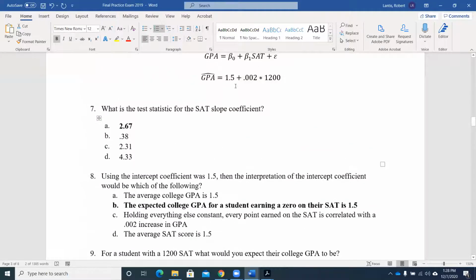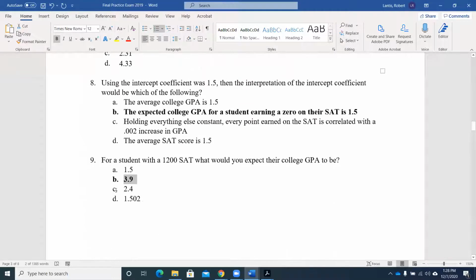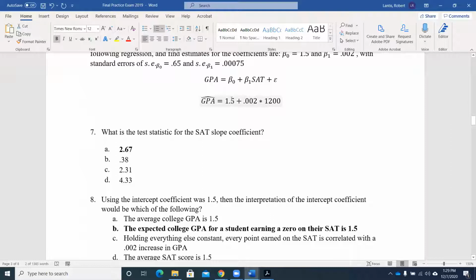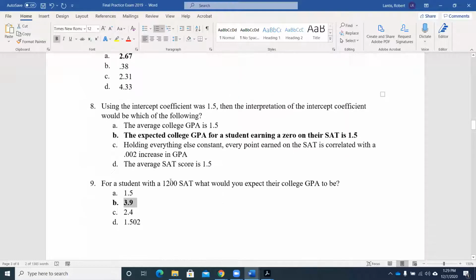Now, if I forget to add in that intercept, if I just took 1200 times 0.002, I'm going to get 2.4. But that's not the correct answer because I'm asking you to predict their GPA, which includes the intercept as well. So you have to add in that 1.5, and then you'll get the correct answer of 3.9. Any questions on that?